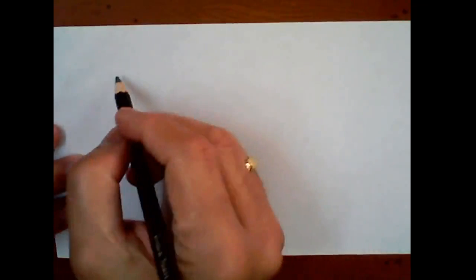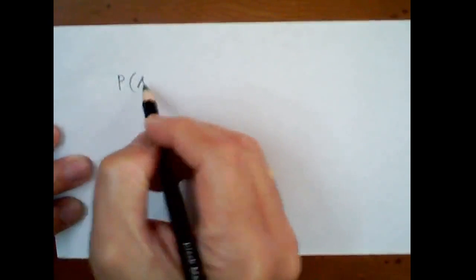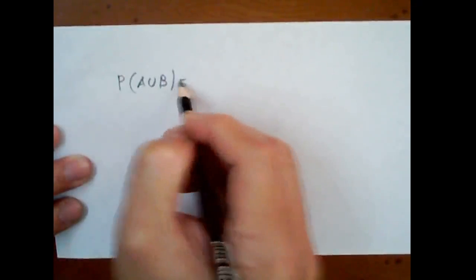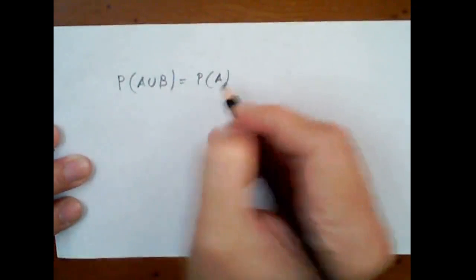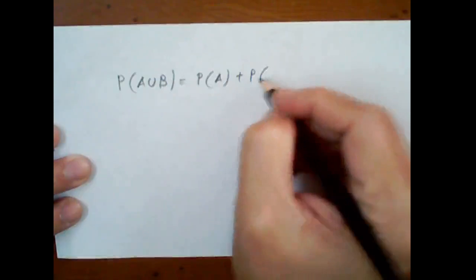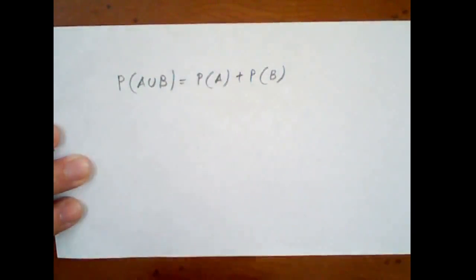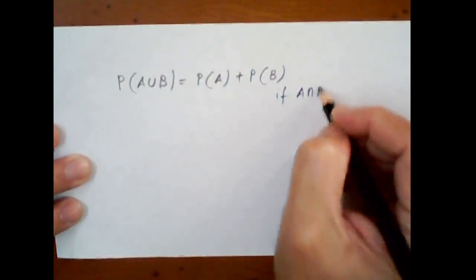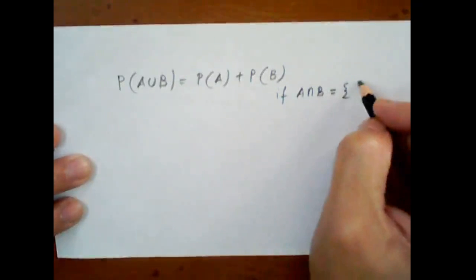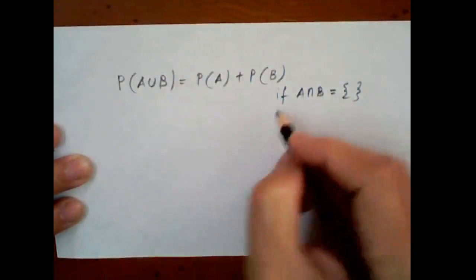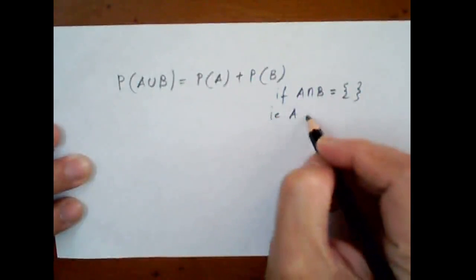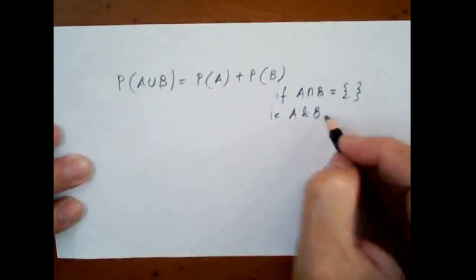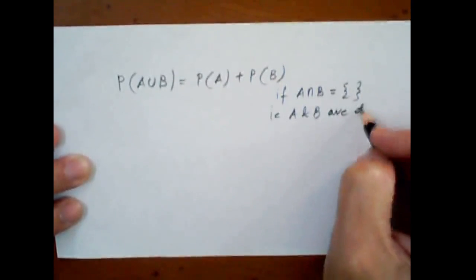Okay, the final message that comes out of this video is P of A union B is equal to P of A plus P of B if A intersection B equals a null set, that is, A and B are disjoint.